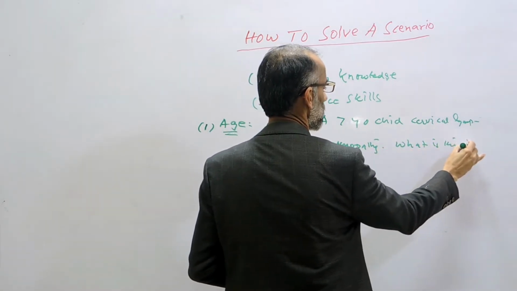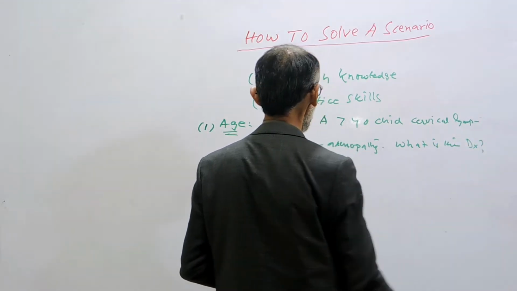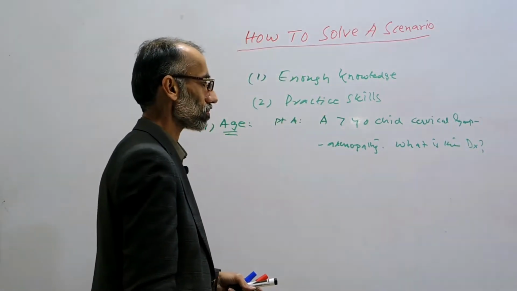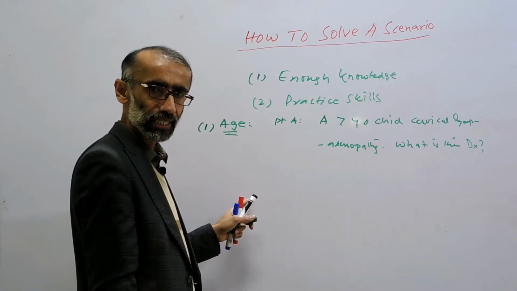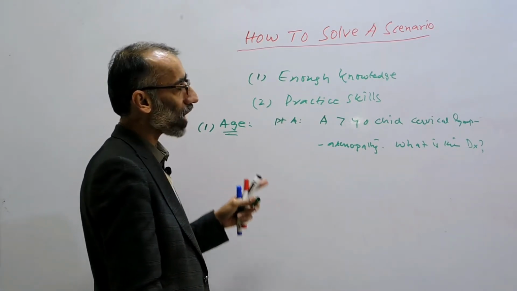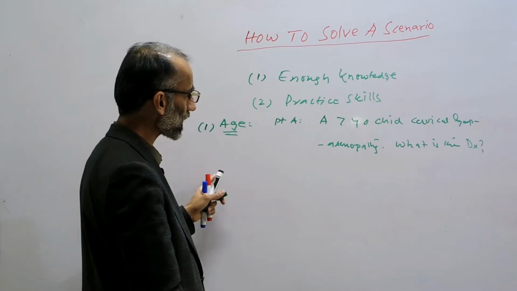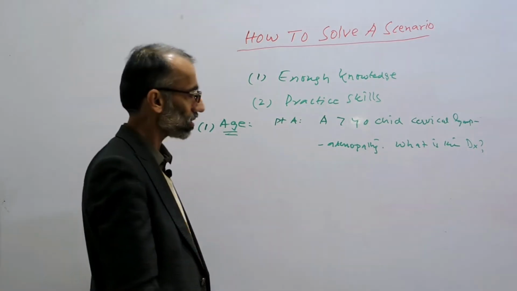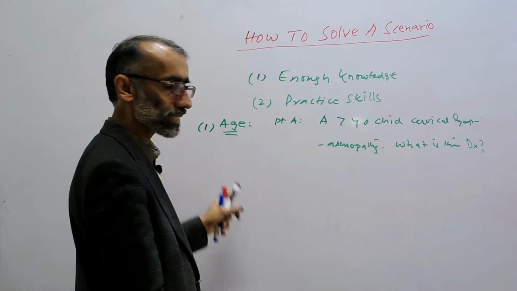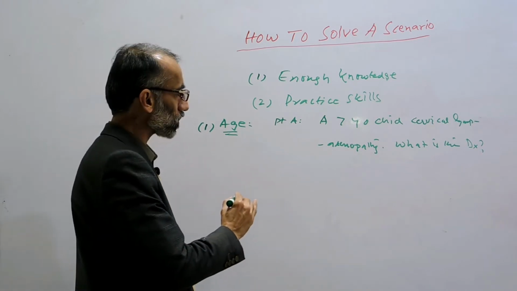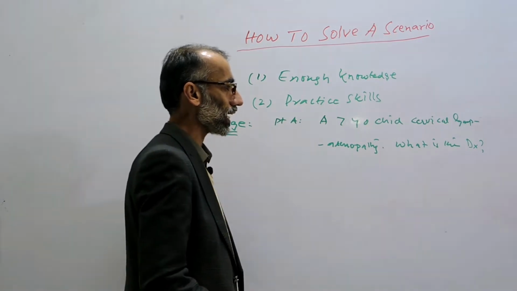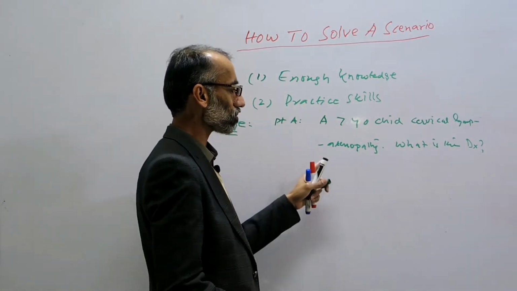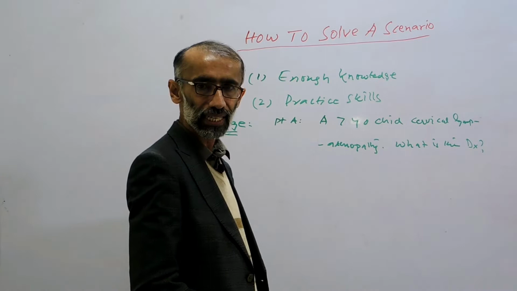What is the diagnosis? Now we are going to discuss how to solve a scenario in relation to diagnosis. First we consider the age of the patient. Patient A, a 7-year-old child presented with cervical lymphadenopathy. What is the diagnosis?